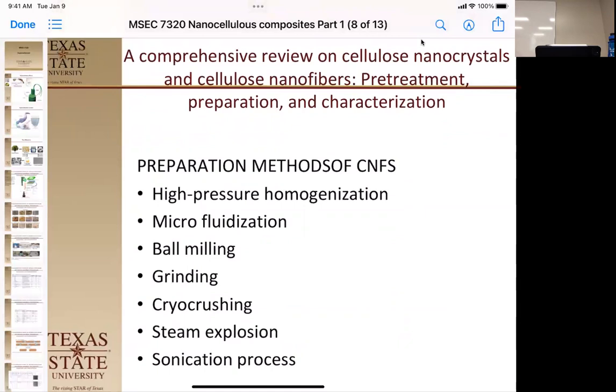So we can do high pressure homogenization, and that's typically done where you pump a fluid through a small orifice and then you apply back pressure to it. So the shear that's going through the product, it's almost like you're pushing on a ball. You're pumping up against the ball, and the shear of it going past there. It's used for pasteurization. In milk, it makes emulsions really stable. So that's high pressure homogenization.